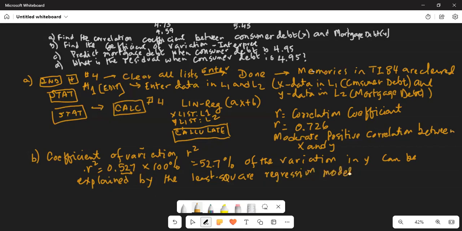So that is the interpretation of the coefficient of variation.